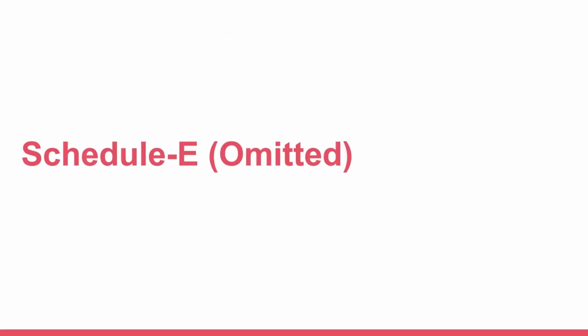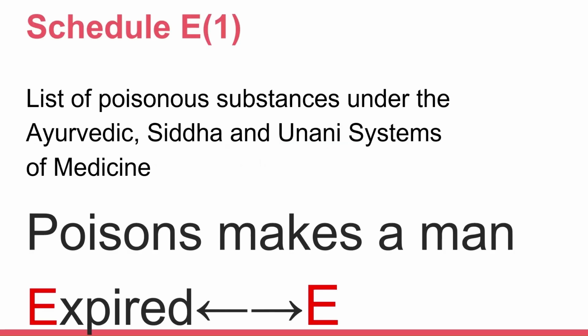Now, going to Schedule E, there is no such a schedule. Actually, in D&C Act, Schedule E is omitted. Now, going to Schedule E1. Schedule E1 is a list of poisonous substances.